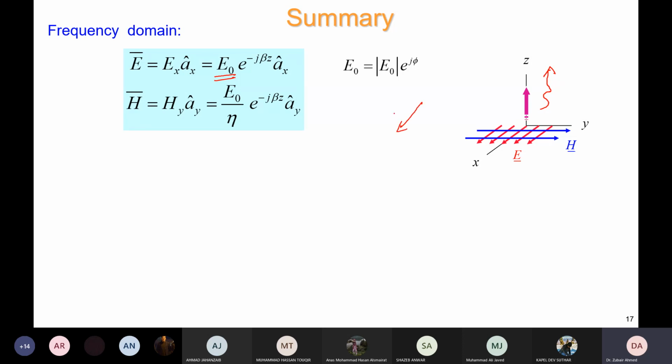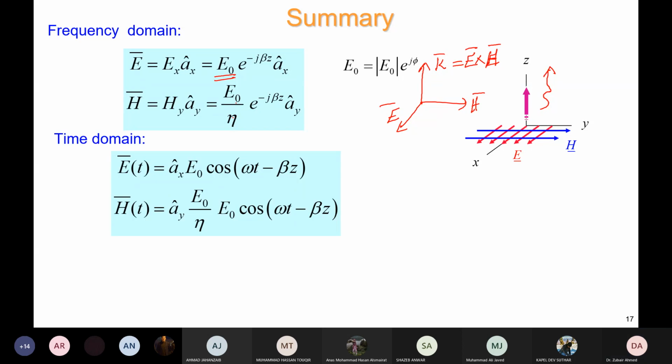So if you are given the electric field direction and magnetic field direction, and you are asked to find the direction of propagation, let's denote it with k, all you can do is simply take E cross H. If you calculate this cross product, E cross H, you will find the direction of propagation of wave. And the magnitude of the magnetic field can simply be found by dividing E naught by this intrinsic impedance eta.